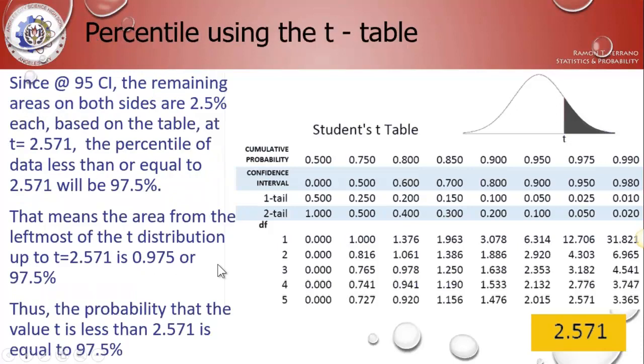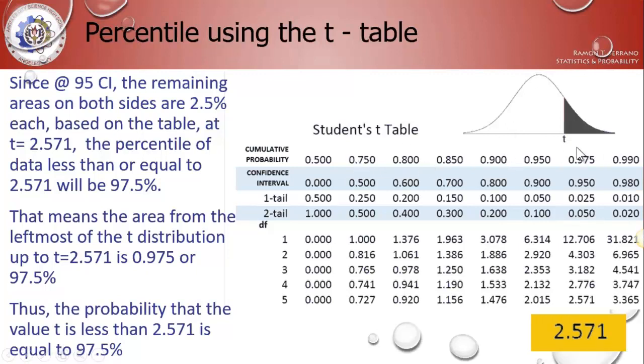Okay? Now, let's talk about percentile using the T table. Since at 95 confidence interval, the remaining areas on both sides are 2.5%. Okay? Then the percentile of the data less than or equal to 2.571 will be 97.5 percentile. Bakit? Kasi 0.95 dito, no? Hanggang dun lang sa isang area niya na negative 2.571.